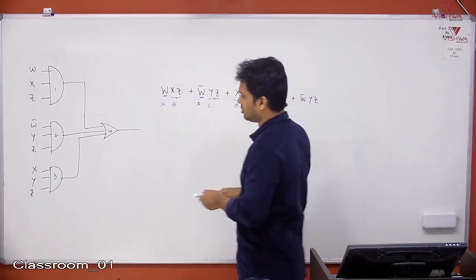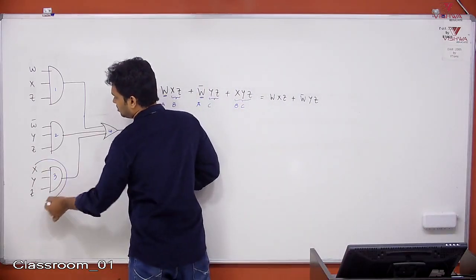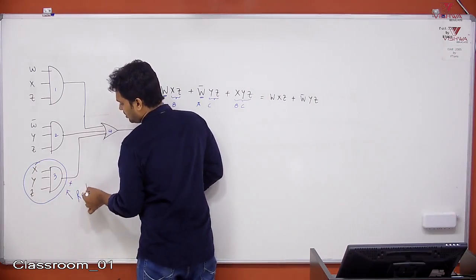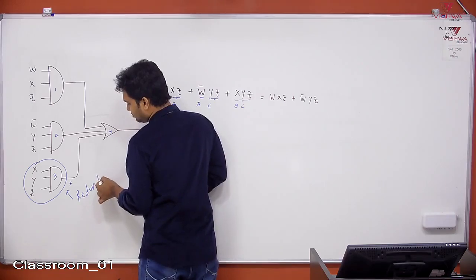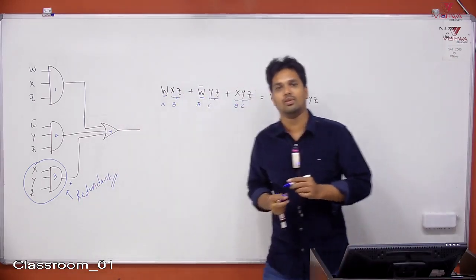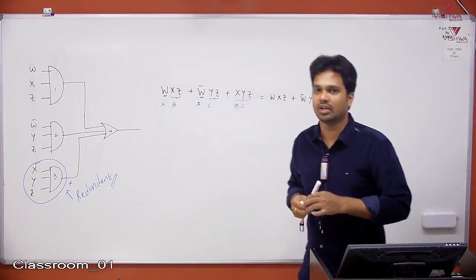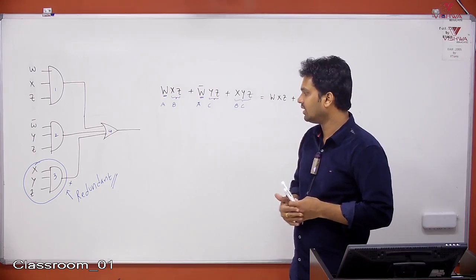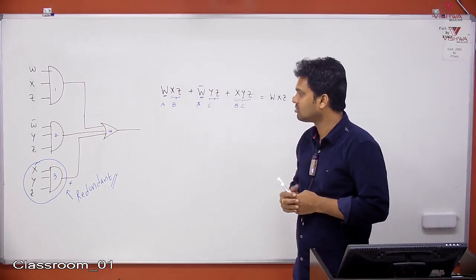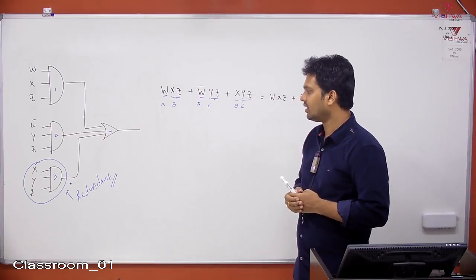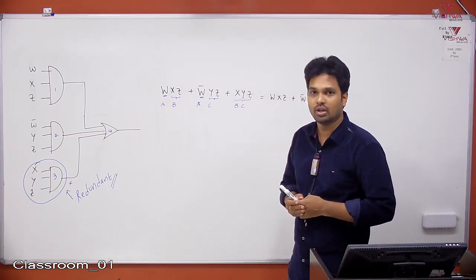So this is the redundant gate. You can eliminate the third gate. You can keep the first 2 gates. That will also represent the same function. So gate 3 is the redundant gate here. Okay, copy it.